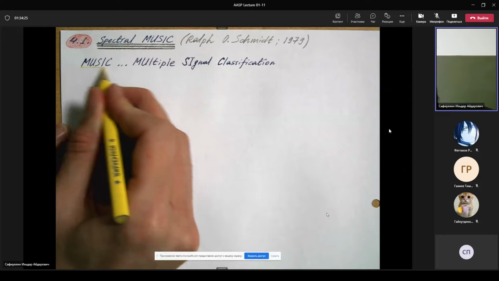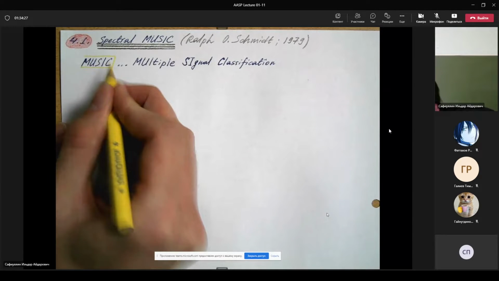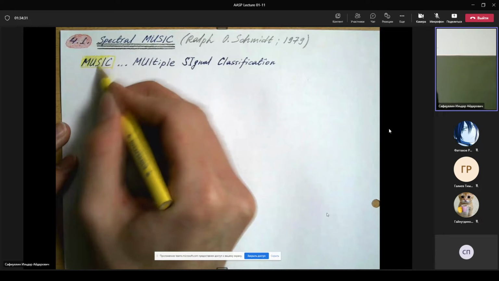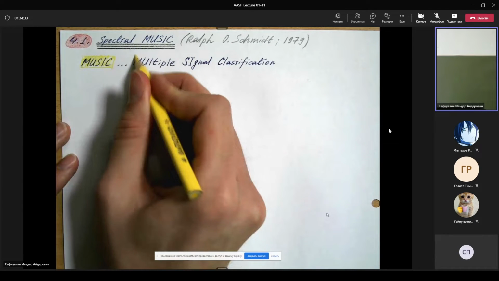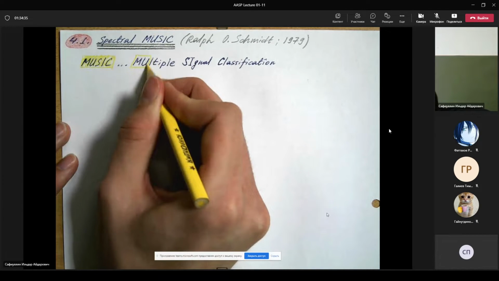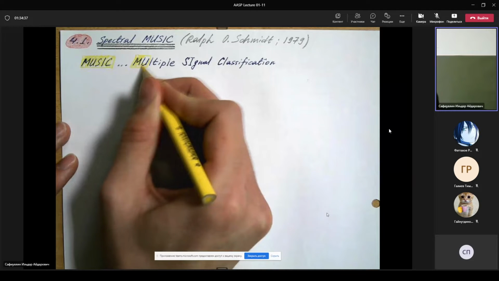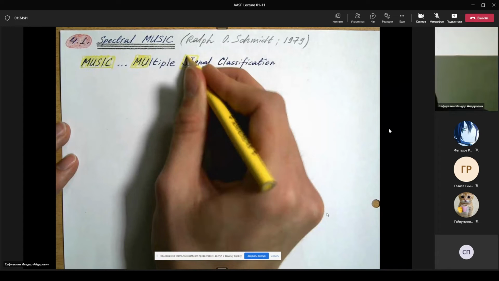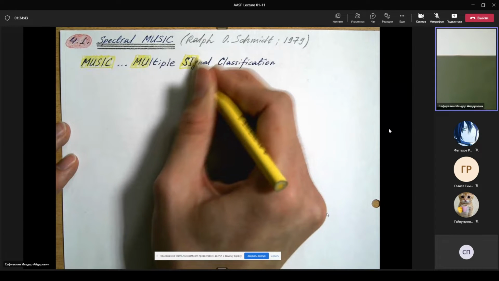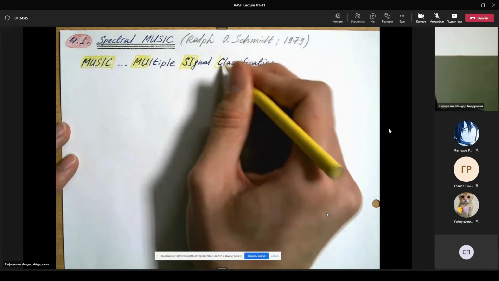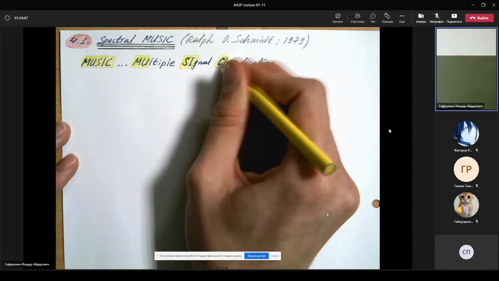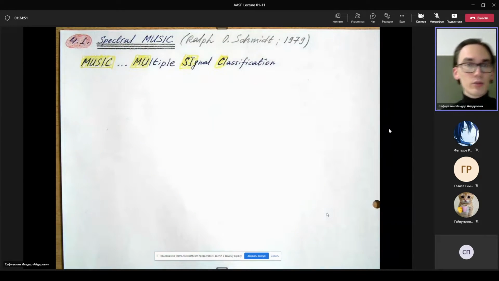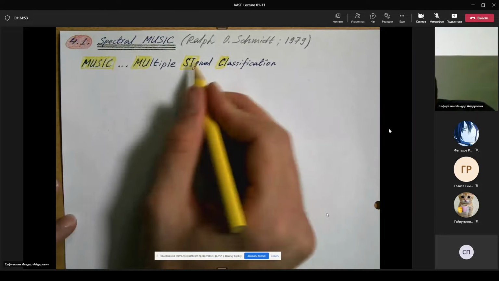So MUSIC: MU, SI, and C. Nice short abbreviation.